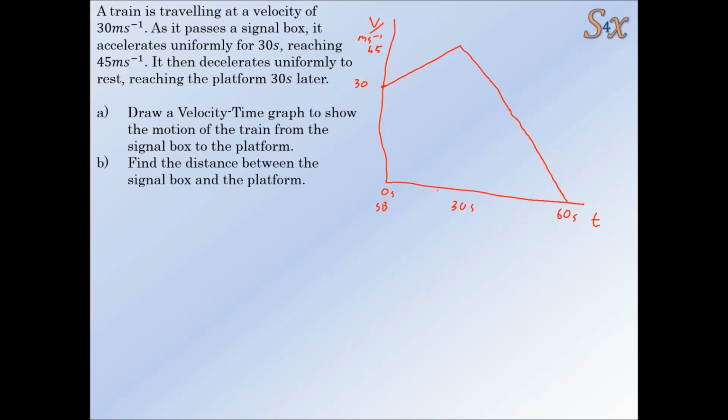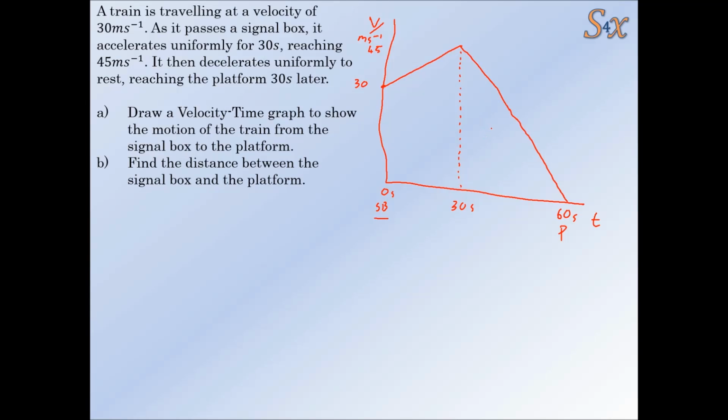Now for part B, we want to find the distance traveled by this train. We want to find the distance between the signal box here at 0 seconds and the platform, which it arrives at at 60 seconds. So we need the area under this graph to figure out the distance it traveled. To do that, I'm going to split it up into sections. I'm going to draw some dotted lines to show you how I'm splitting it up.